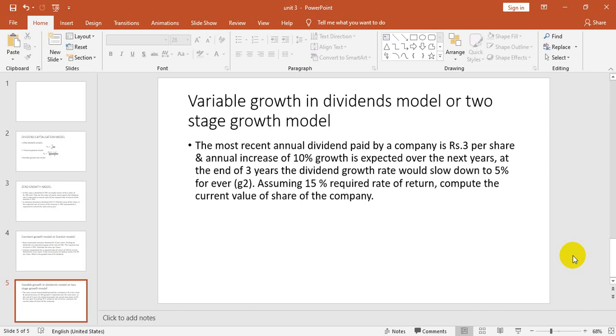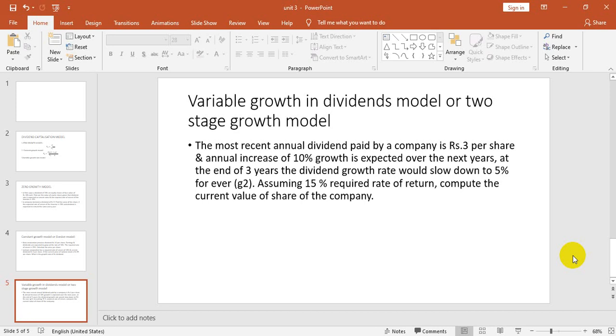So first of all, here he has given information regarding the dividend. The current dividend D0 for the first year is said to be 3 rupees. An annual increase of 10%. So annually it increases 10% every year for the next 3 years.